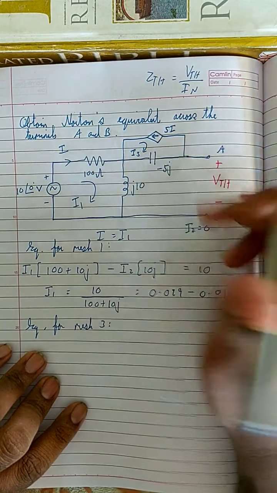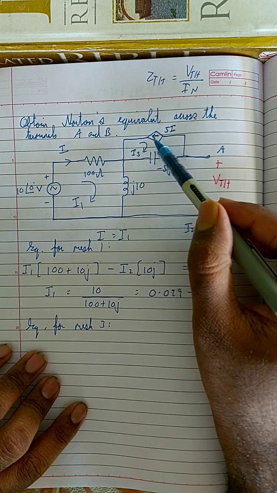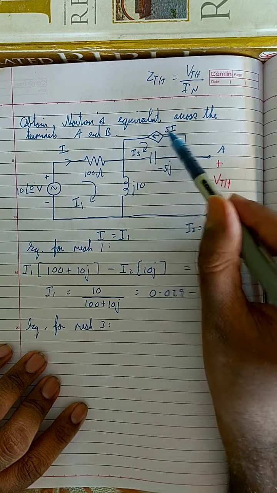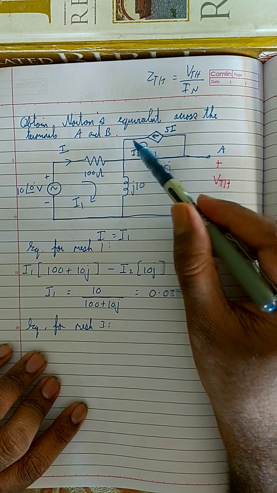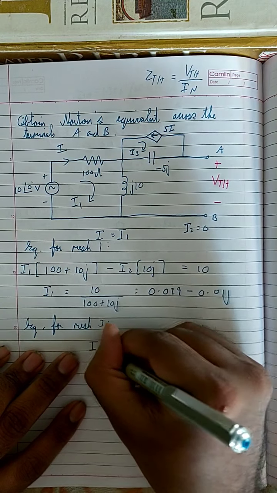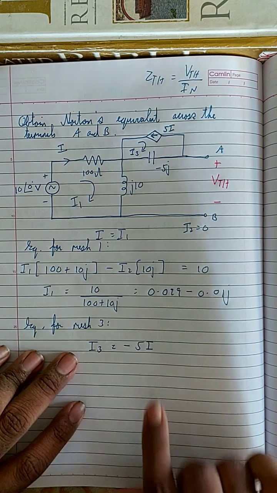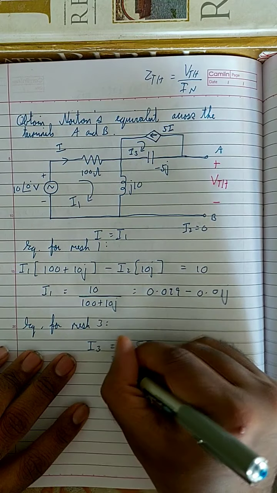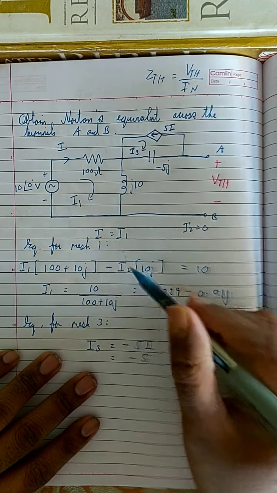Look at this I3: there's already a current source over here, named 5I, and the current I3 is flowing in the opposite direction. Therefore the equation for mesh 3 is I3 equal to minus 5I, which is minus 5I1, since I is equal to I1.